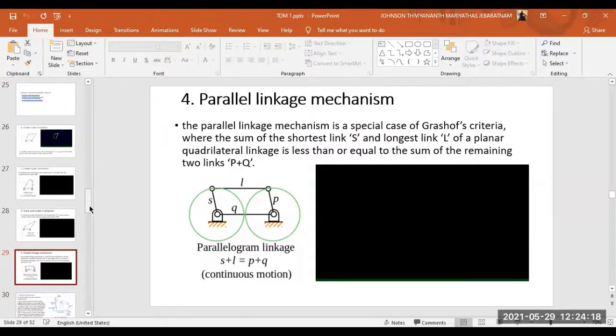So different mechanisms are possible, right? So this is why this four bar chain is of importance, right? It has a different kind of importance since it can exhibit different types of motions, right? So these are the inversions.